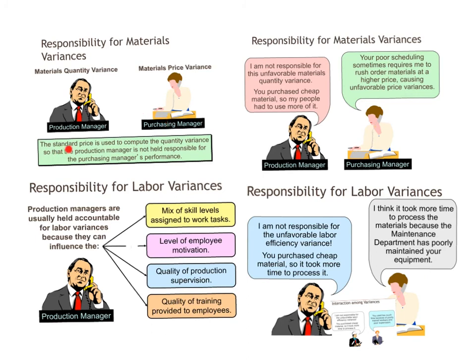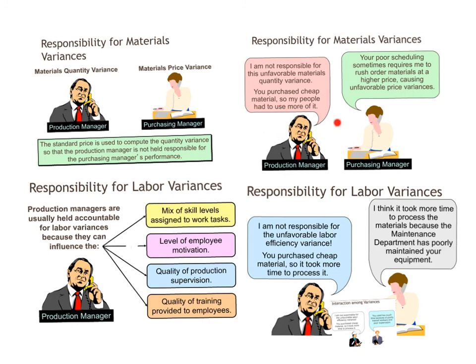The standard price is used to compute the quantity variance so that the production manager is not held responsible for the purchasing manager's performance. So the production manager is saying that he is not responsible for the unfavorable materials quantity variance. Why?